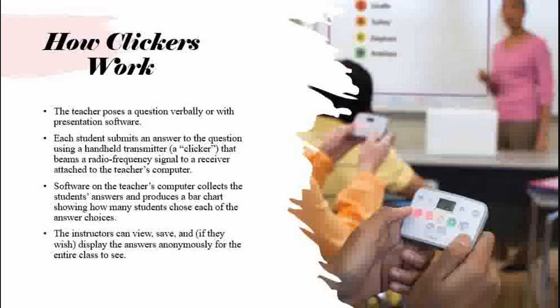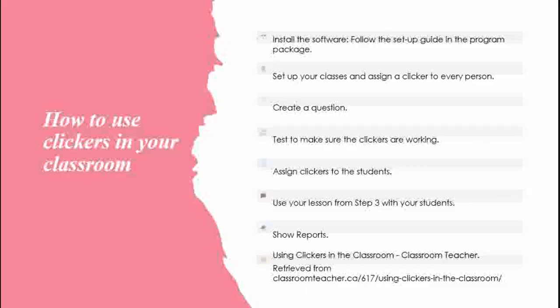Software on the teacher's computer collects the students' answers and produces a bar chart showing how many students choose each of the answer choices. The instructors can view and save and, if they wish, display the answers anonymously for the entire class to see. So how do we use clickers in the classroom?